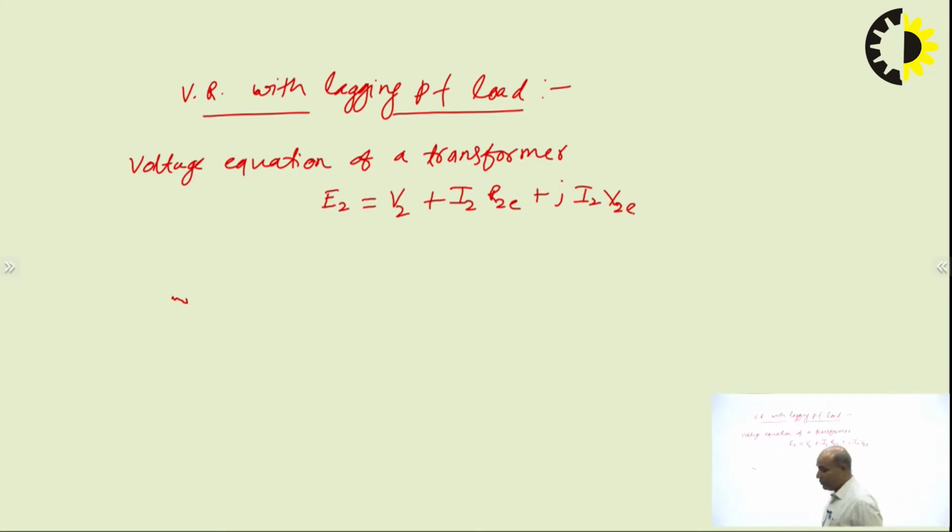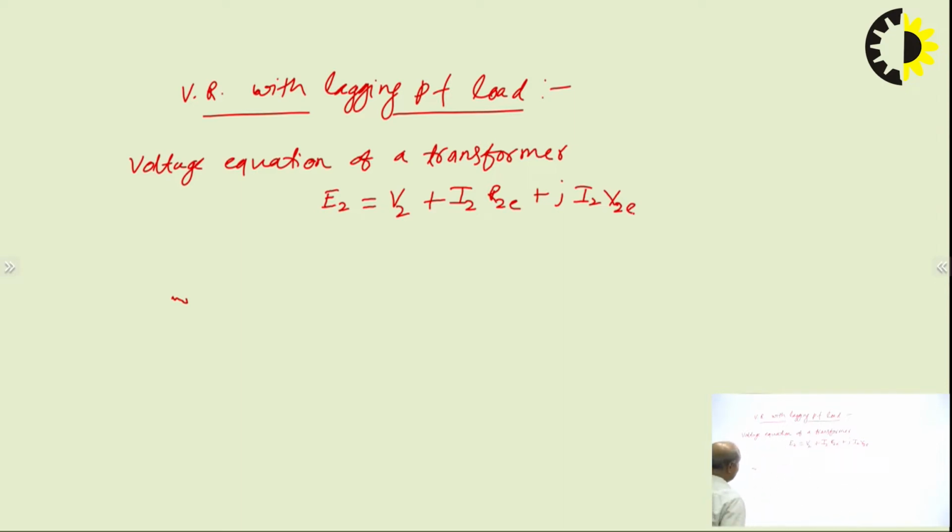E2 is our no load secondary terminal voltage, V2 is our secondary terminal voltage on load, and I2 is secondary load current, and R2E is equivalent resistance of transformer, and X2E is equivalent reactance of transformer.